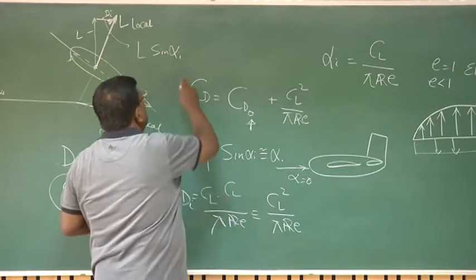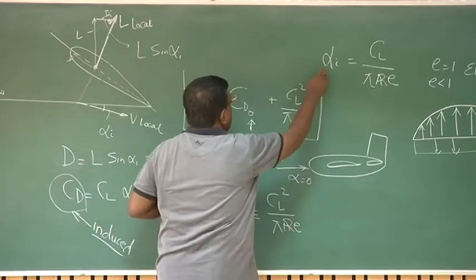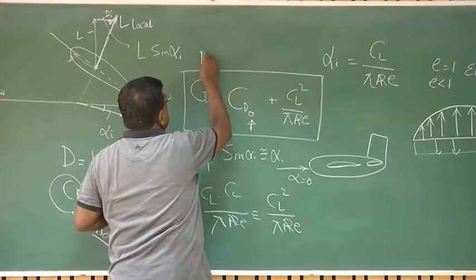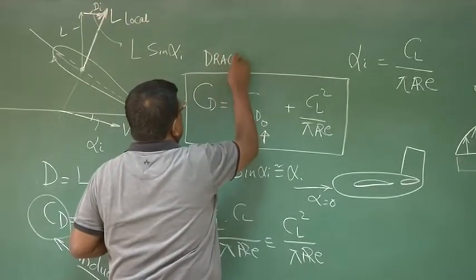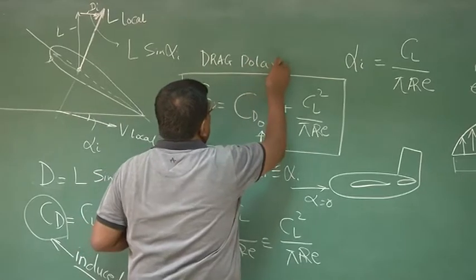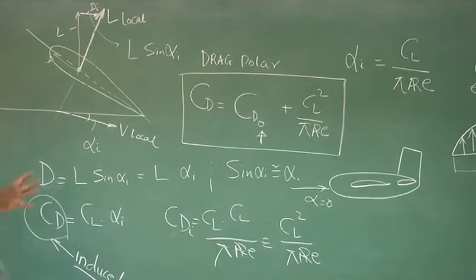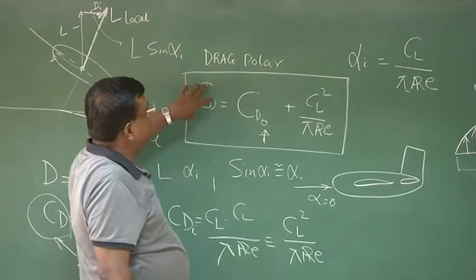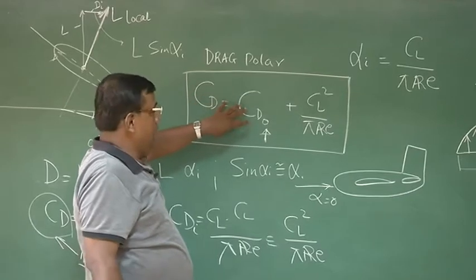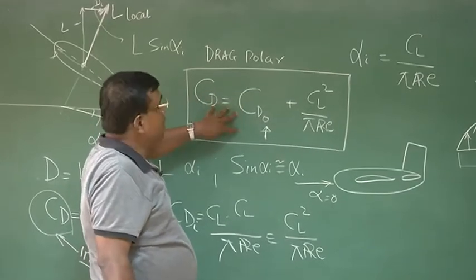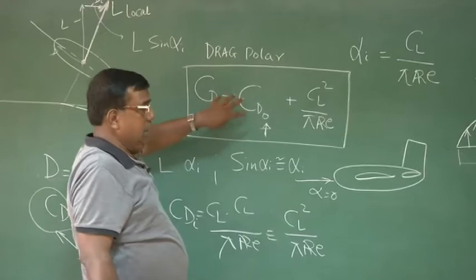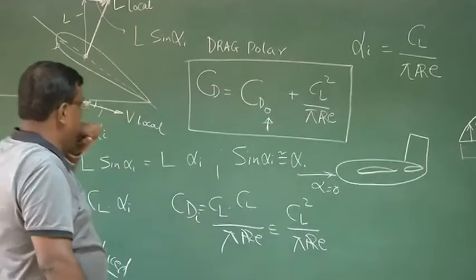This representation is known as the drag polar. Whenever you finalize the design, when the aircraft is flight tested, this has to be estimated, and every aircraft is benchmarked with a given drag polar under different flight conditions, right?